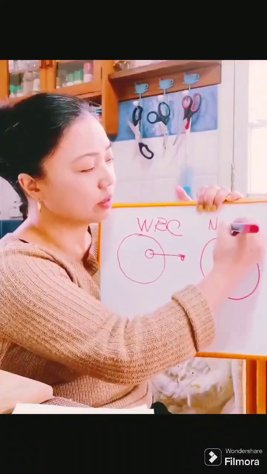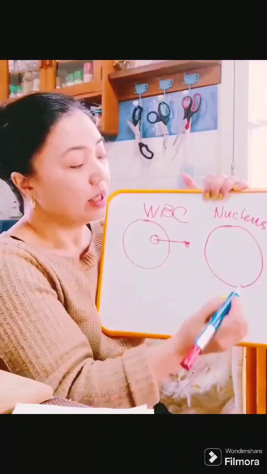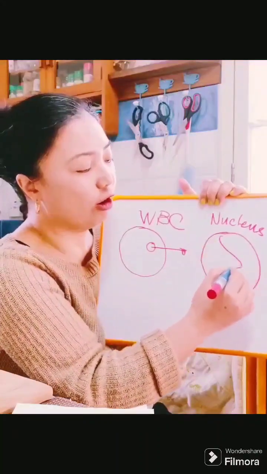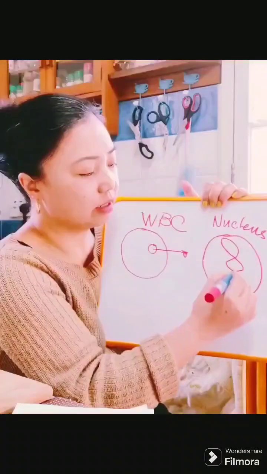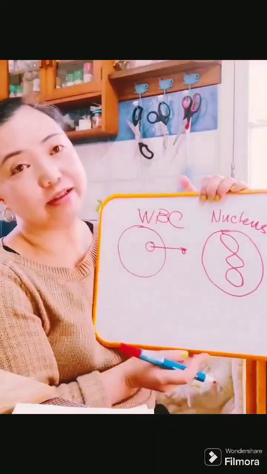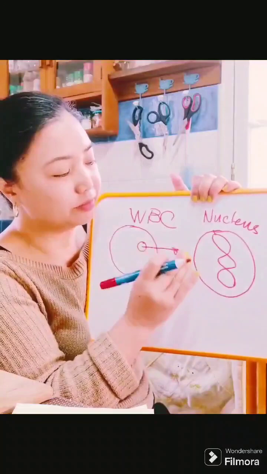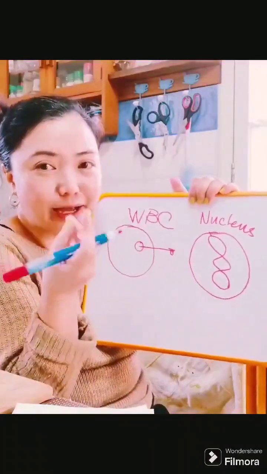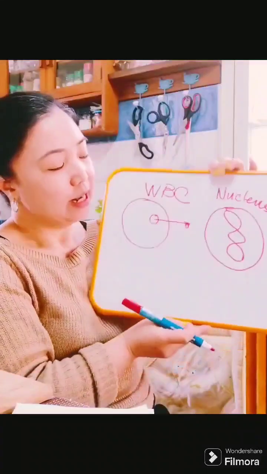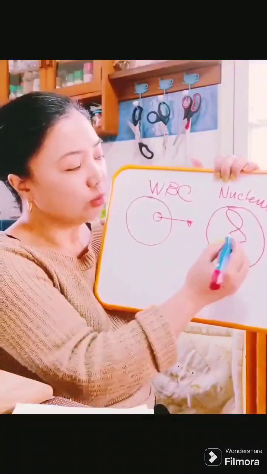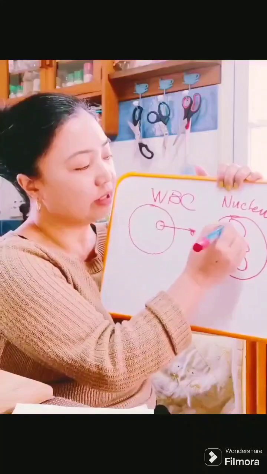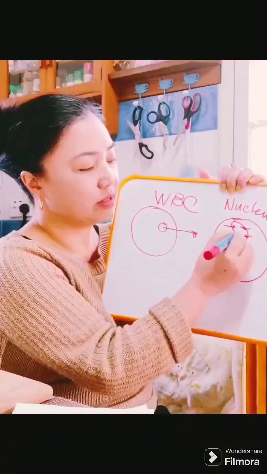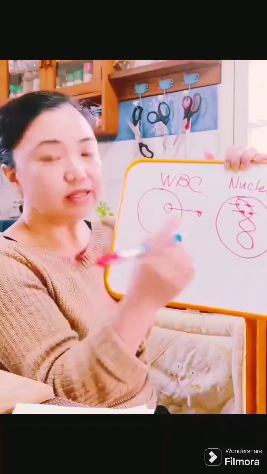If this is the nucleus, then you have here the strand of DNA. If you're going to illustrate DNA, it is like a twisted double helix. Parang hagdan na inikot.